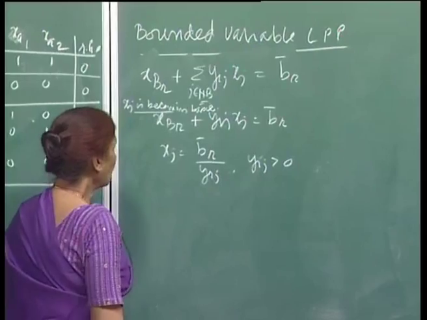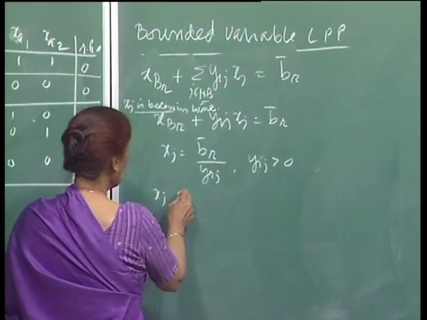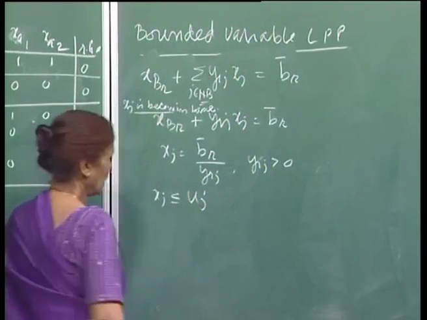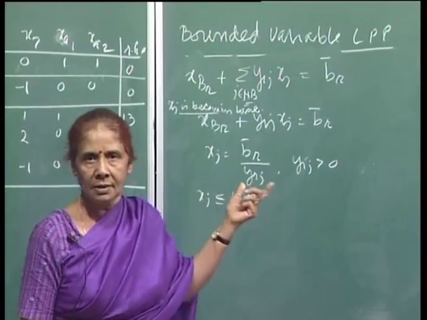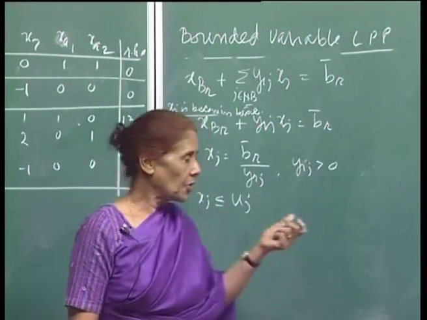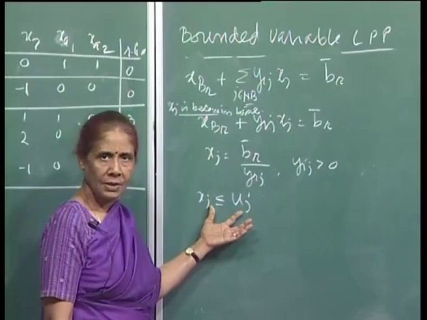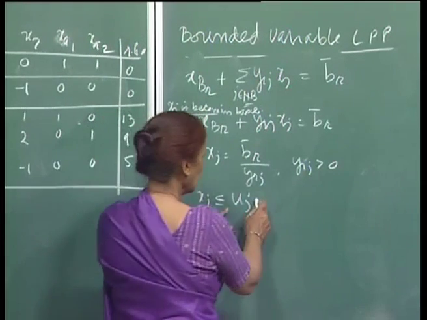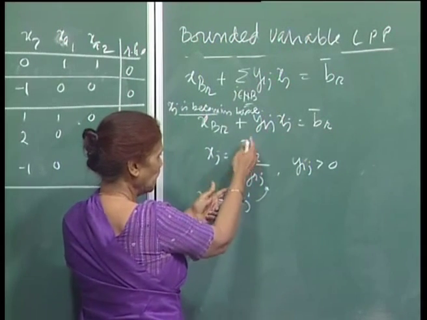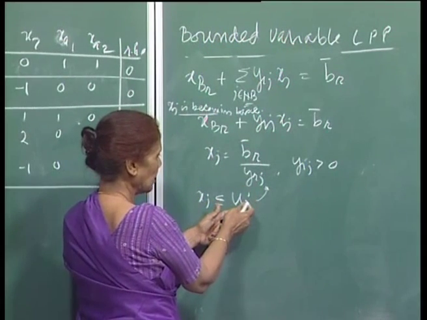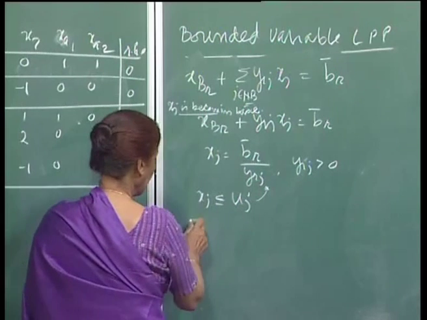But remember, now we also have that xj has to be less than or equal to uj. In case xj is required to be bounded from above, then we have to take care of this constraint also. So, we cannot allow xj to enter at this level if this number is bigger than uj. So, let us start defining these things now.